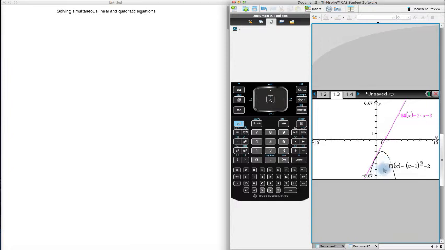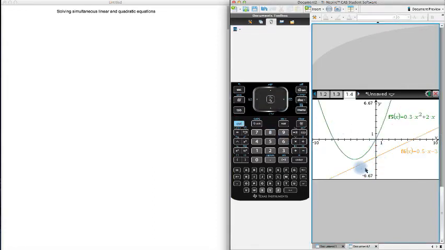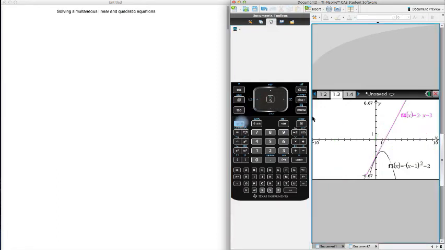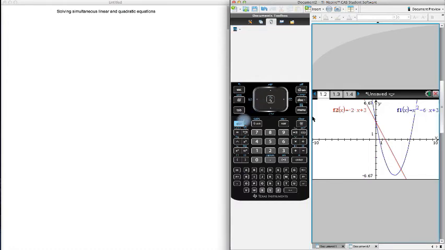In other words, it's a tangent line to the parabola at this point, which is x equals 0. So there's another case where there's only one solution, and finally, it's possible that there might be no solutions, like in this case here. So in this video, I'm going to go through those 3 cases, and we're going to solve them both algebraically and also using our CAS system.